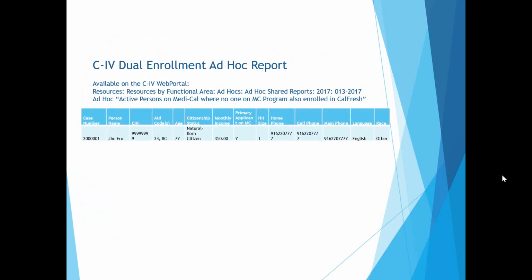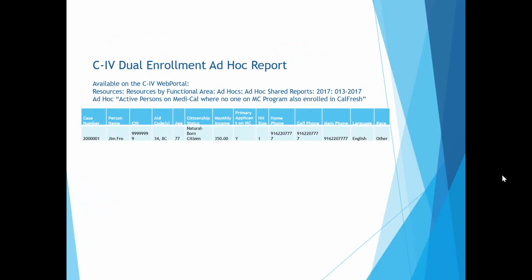We have information on there such as case name, case number, person name, SIN, and aid codes. We made sure to list any or all aid codes that a person may have associated with them, as we know some individuals have more than one aid code. We did include age information, citizenship information, and some income info.